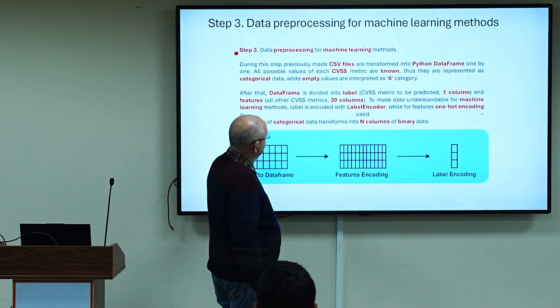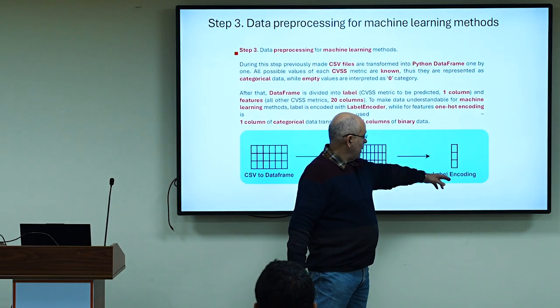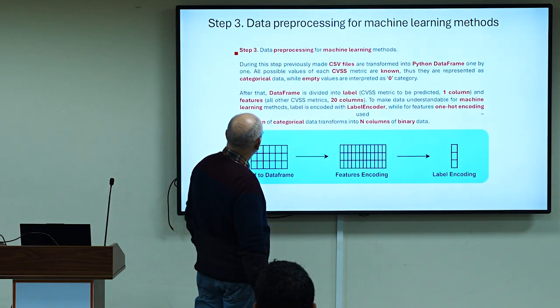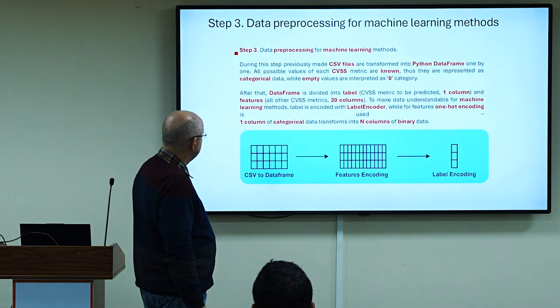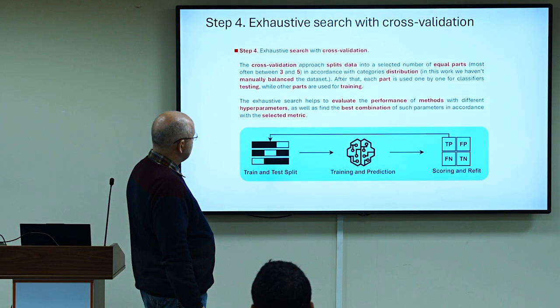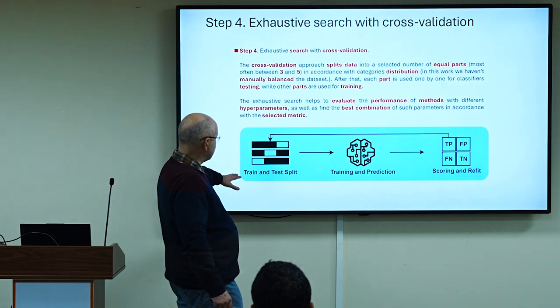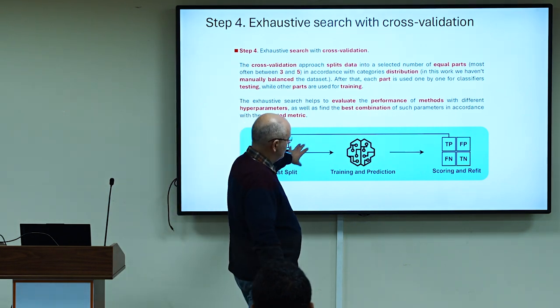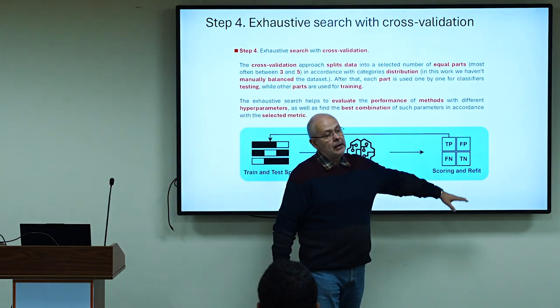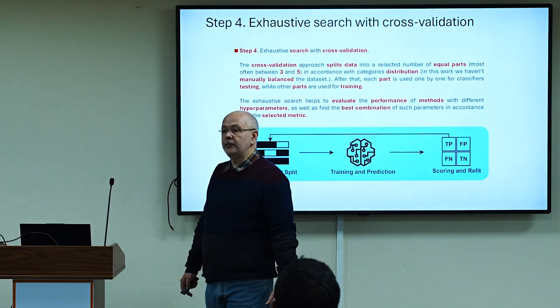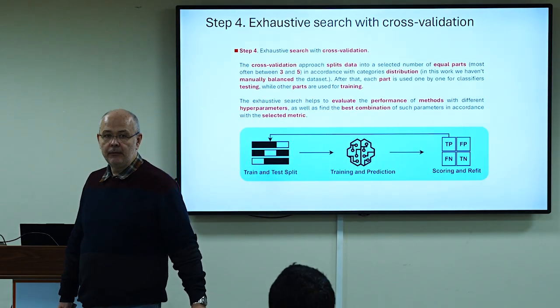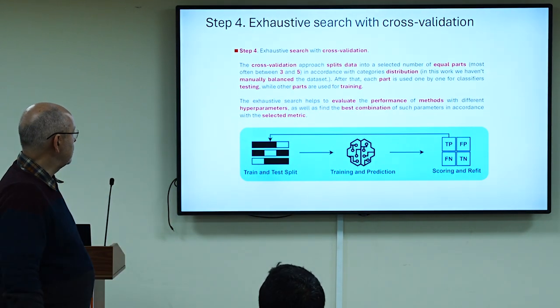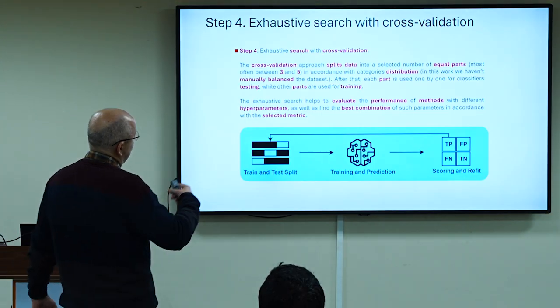Then we will have these different features, and for the labels here, simply, and then we train the system and predict. So this is the idea of what we have done with ML; we will try to do this training.